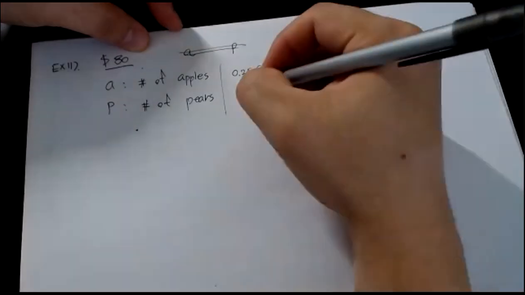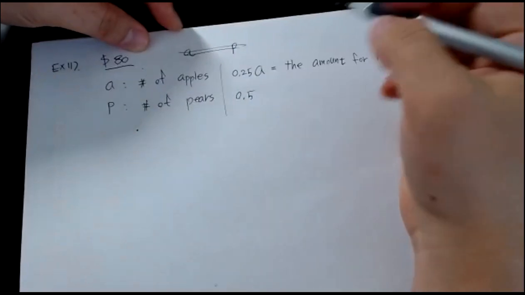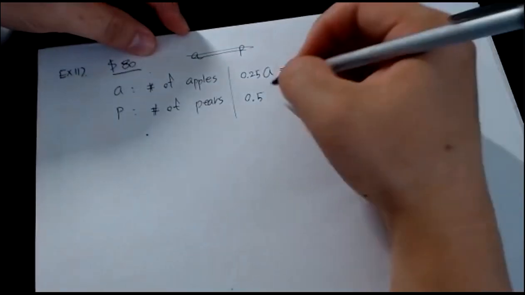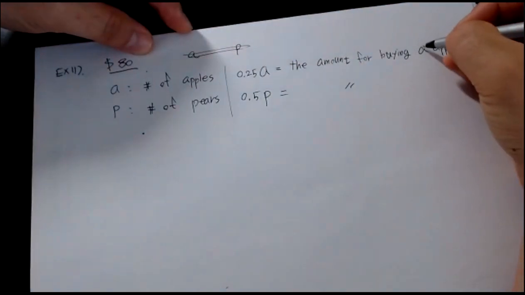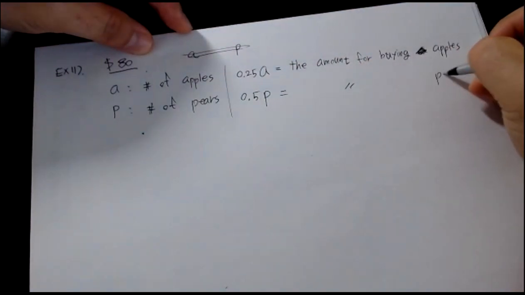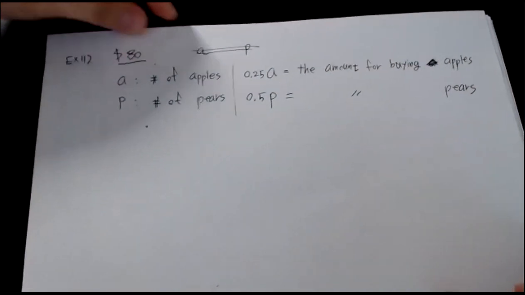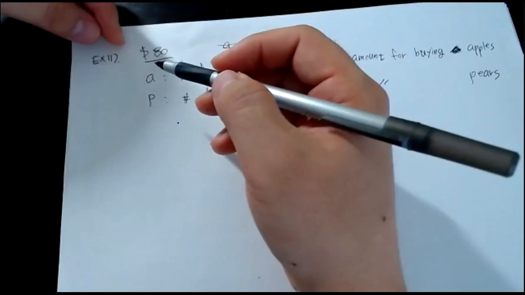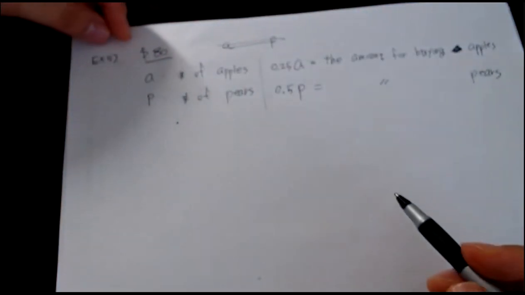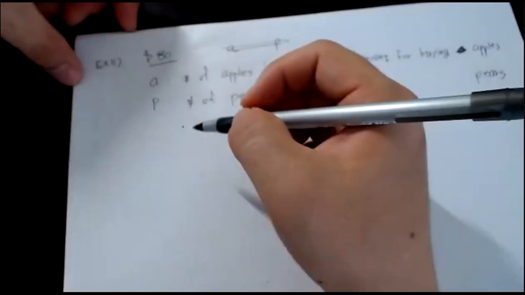And then 50 cents times P is the amount for buying pears. But $80 is the total budget, so it cannot be exceeded.